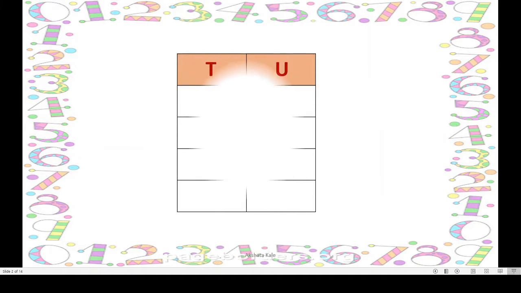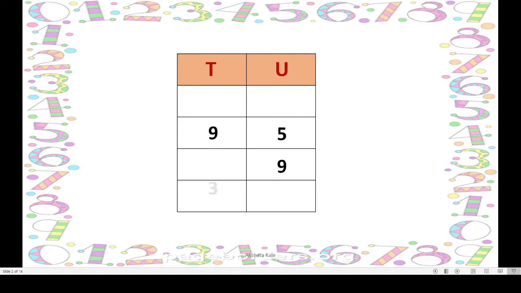Yes, dear children, before going to today's portion, we will take a quick recap of the last portion, that is of Part 1. This is our table and now we are going to minus 39 from 95. This is vertical arrangement.